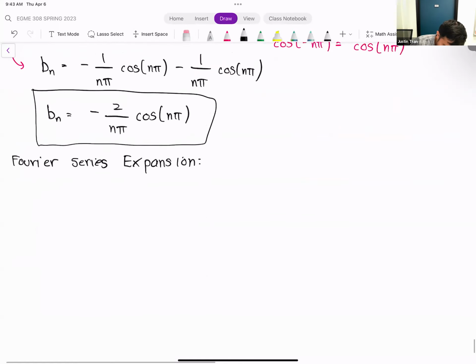For the Fourier series expansion, f of t is equal to, we know a0 and an are equal to 0, so let's plug in values for n here.